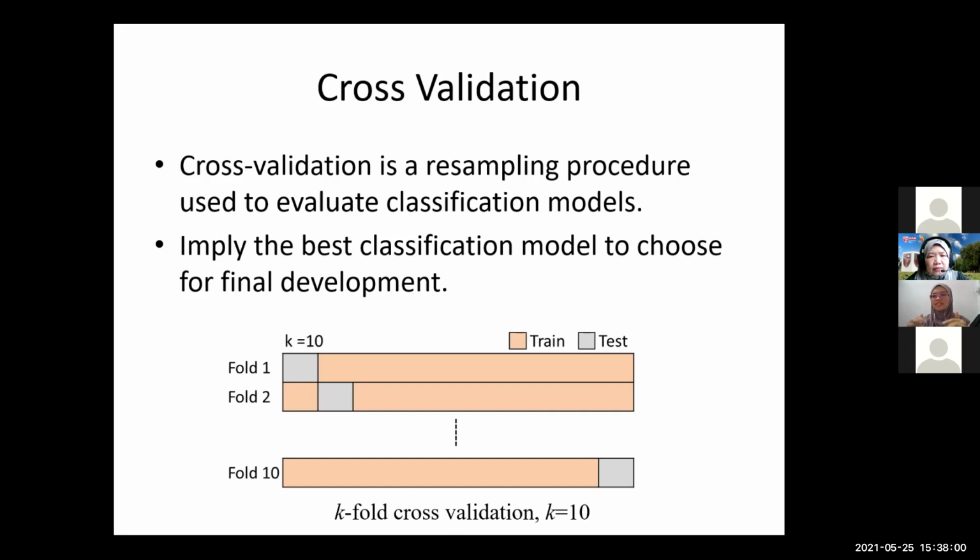So it is not necessarily that every time image A, B, C are in the training set. We change the position or the order of the images, so that every image will run in a different position.